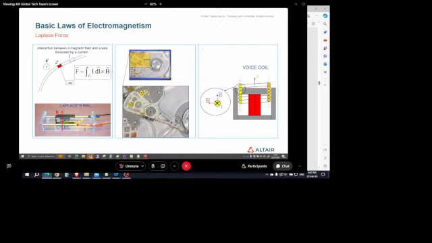Then when we supply the coil, you will see Laplace force appearing to move the reader in this direction. If I invert the current, it will move to the other direction, and so on. Another example using the Laplace force principle is the voice coil.